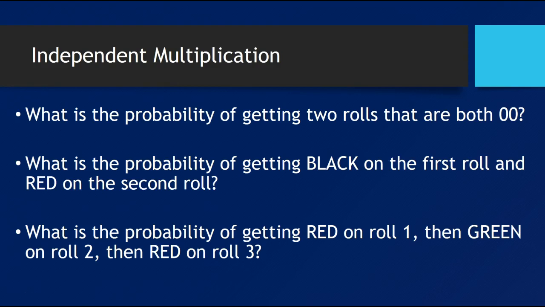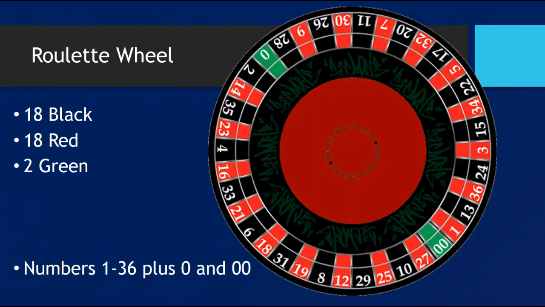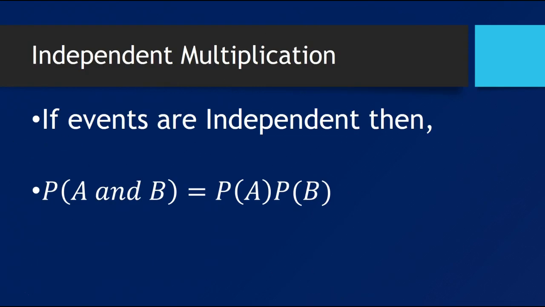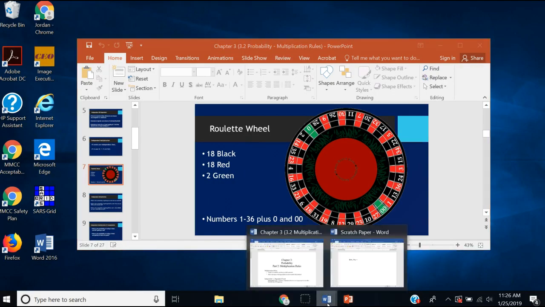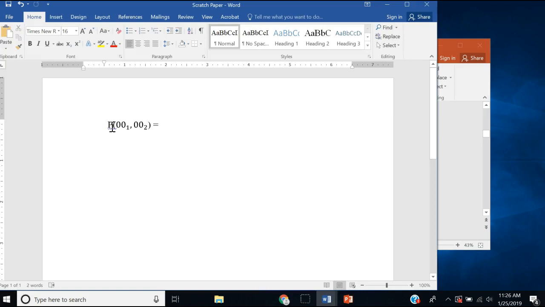So we go back to the independent multiplication rule, and it says, well, if you roll 2 times on the roulette wheel, I can just multiply the probability of getting double 0 once times the probability of getting double 0 on the second time. All right. And then obviously, because double 0 is one of our slots, what we're going to do, and let me do this on scratch paper here, is find the probability of double 0 on roll 1 and the probability of double 0 on roll 2.